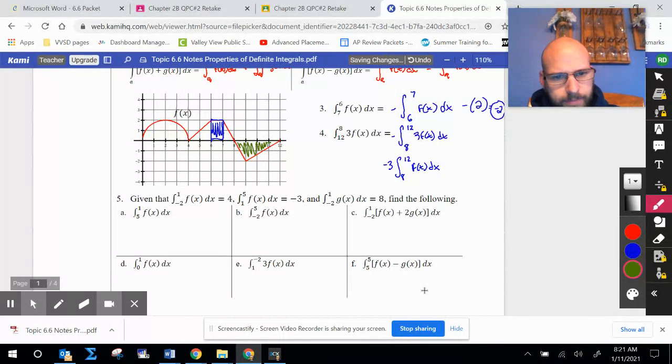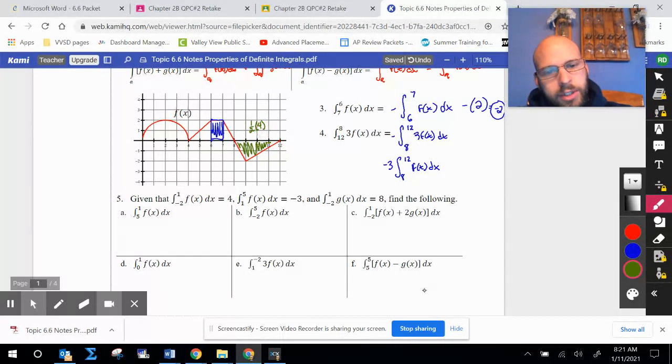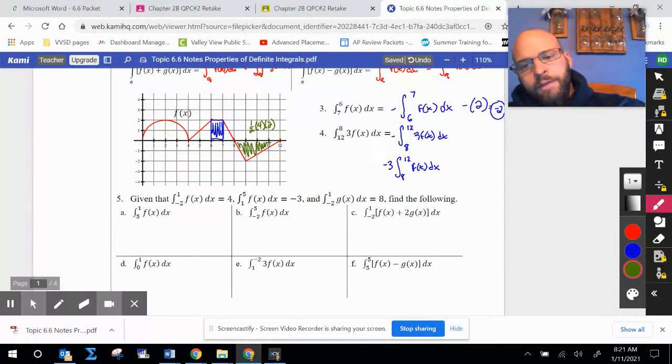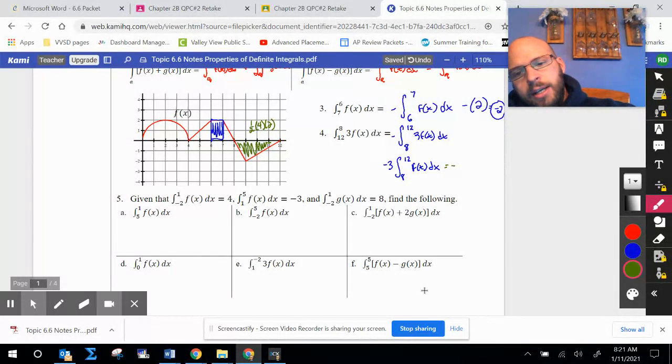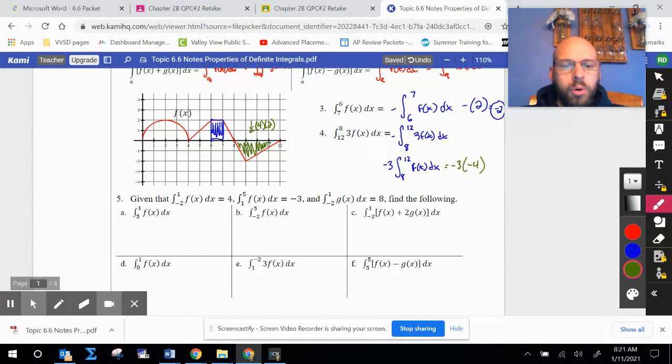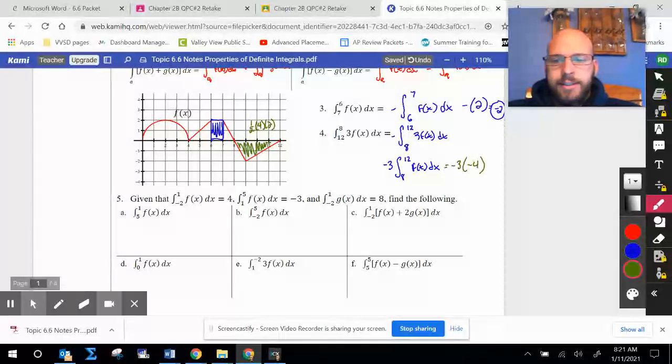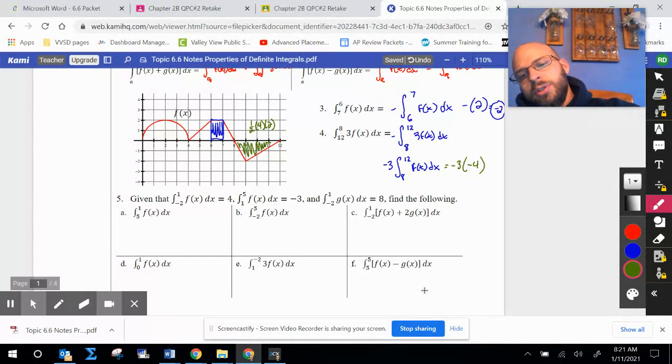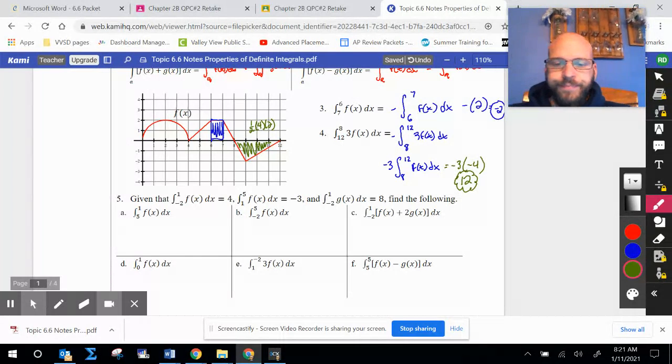So 1/2 base times height: 1, 2, 3, 4 is my base, and my height is 2, so it'd be 1/2 times 4 times 2, which would just be 4. So I'm going to get a negative 3 times a negative 4. Now again, the 4 was negative because it was below the x-axis. It was a negative area, so I end up getting a positive 12. That would be my answer.